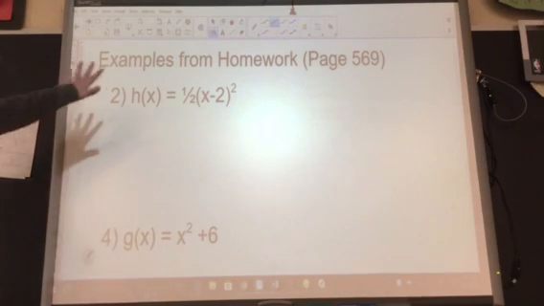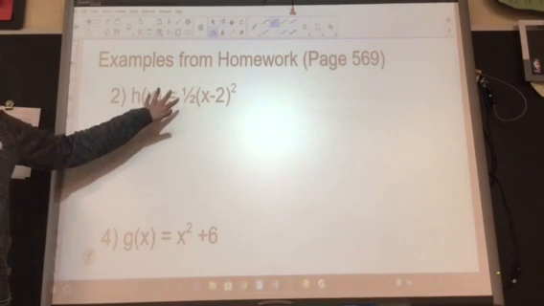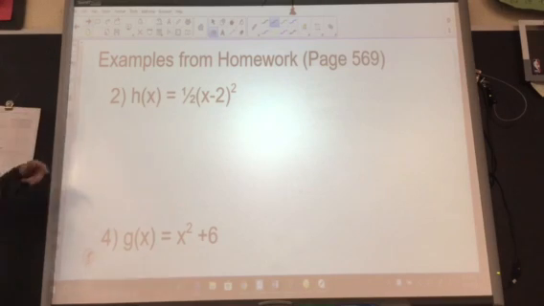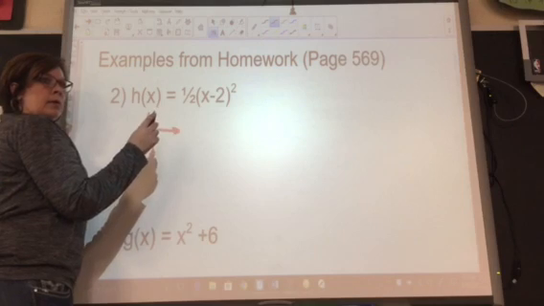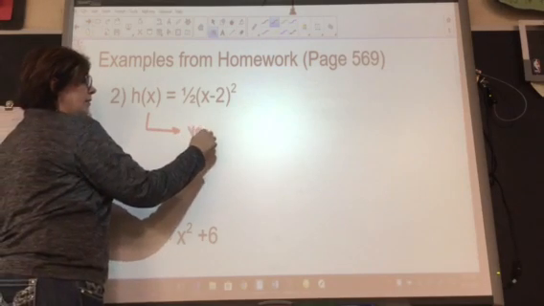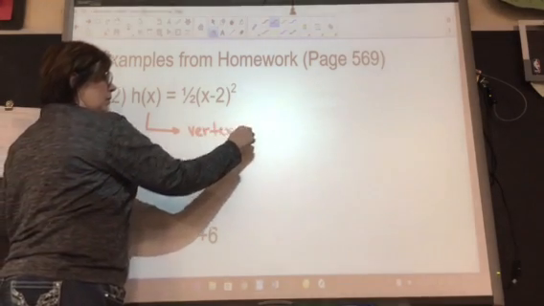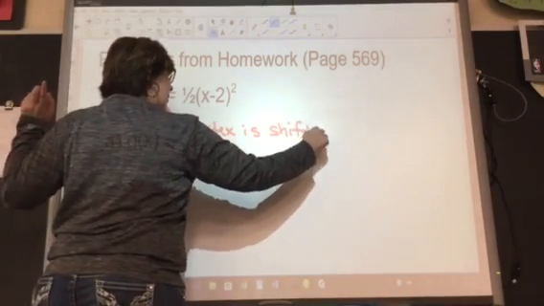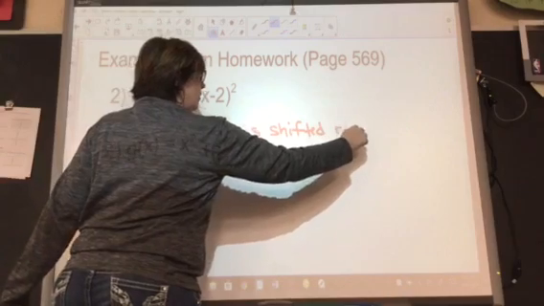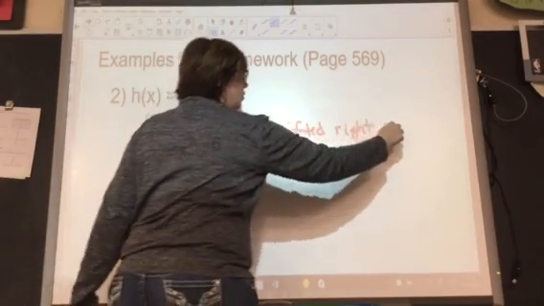So how is this graph related to the parent function? Well, what do we know? The vertex is shifted how much? I heard someone say it. The vertex is shifted right 2 units.